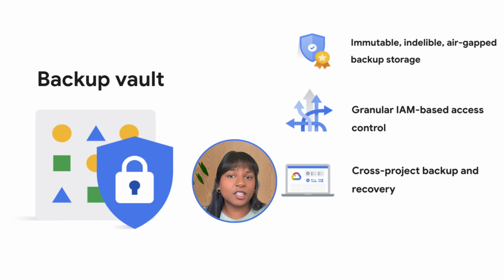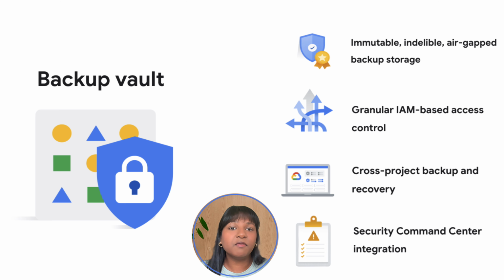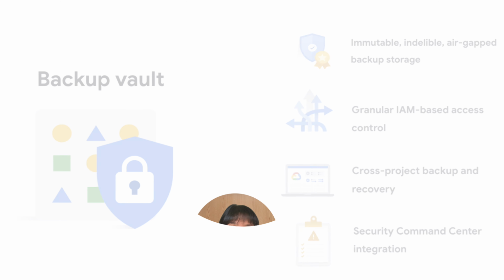Backup Vault also lets you back up and recover across projects. You can isolate backups and enable reliable recovery even if the source project is unavailable or possibly compromised. Lastly, Backup Vault allows you to proactively identify any anomalous activities, such as destructive actions on backups, through direct integration with Security Command Center, adding an extra layer of protection.